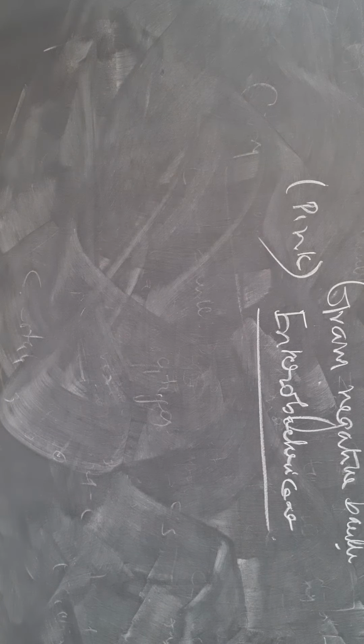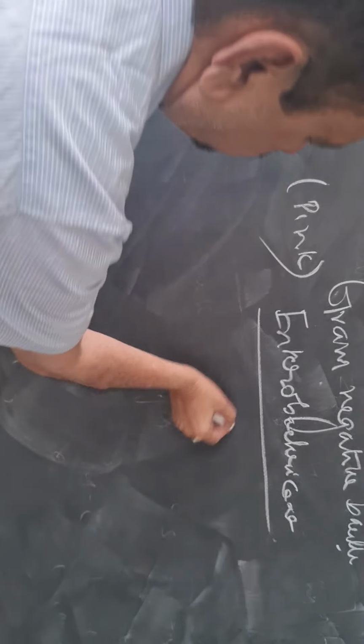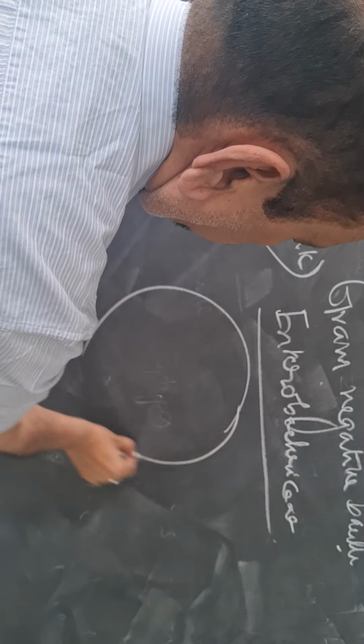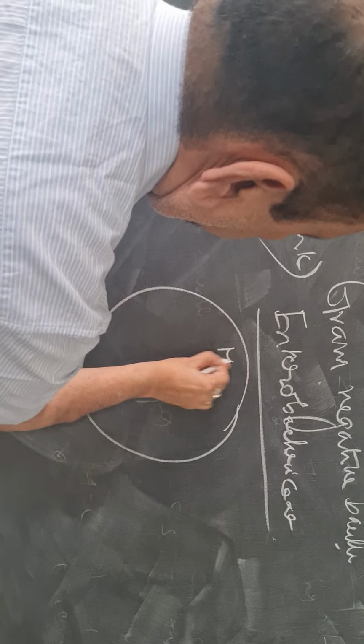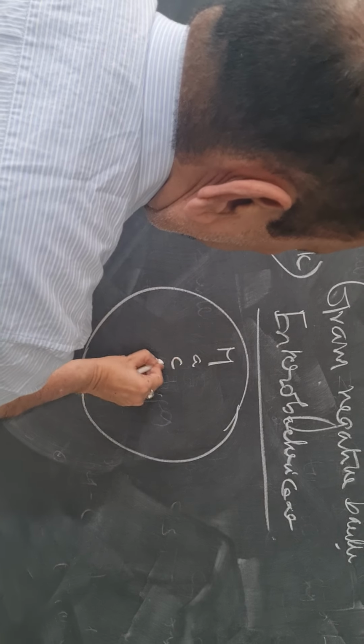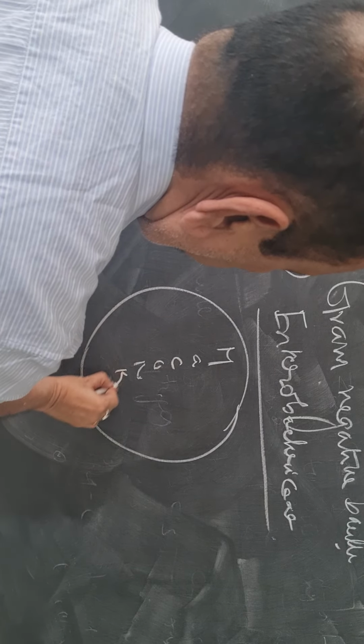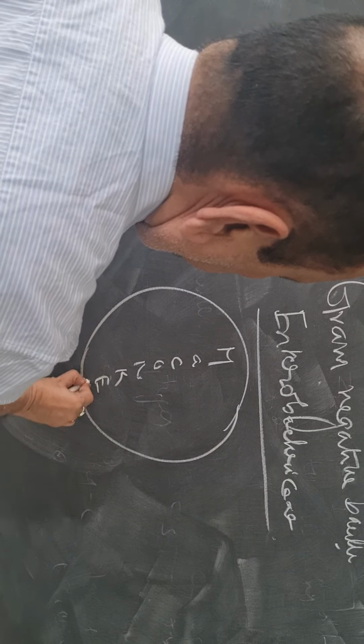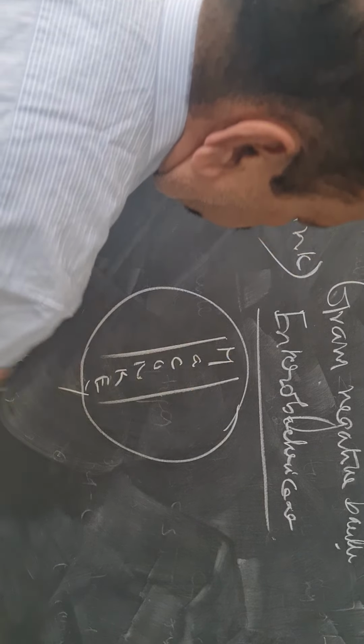The differential, selective medium used for growing them is called MacConkey's medium.